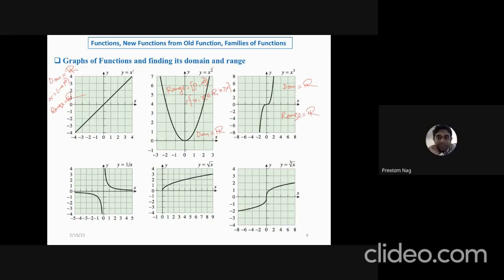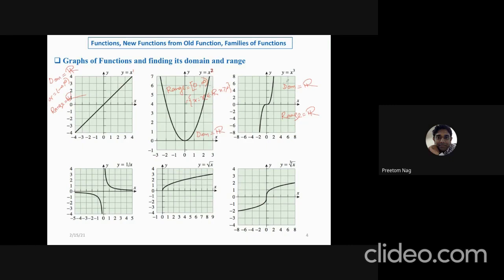If we have y equal to x square, the power is even, then your domain is the set of real numbers, but the range has changed to only the positive real numbers, which is 0 to infinity. If you have y equal to x cube, you go back to the similar answer that you had for y equal to x.